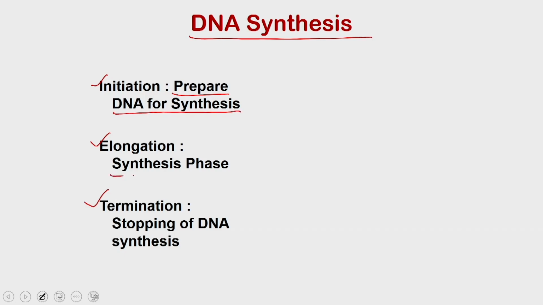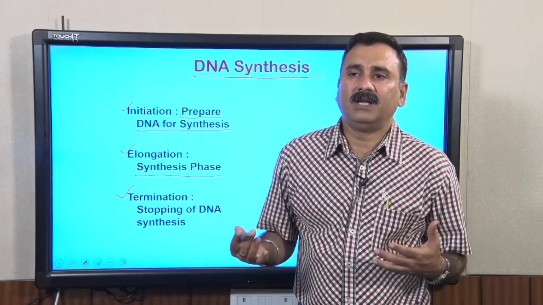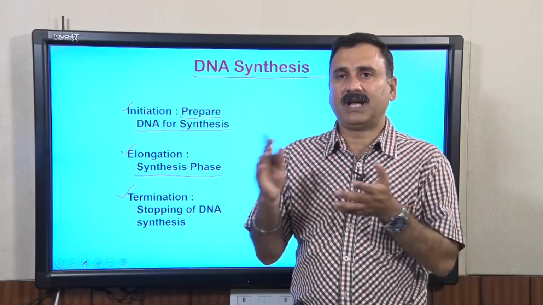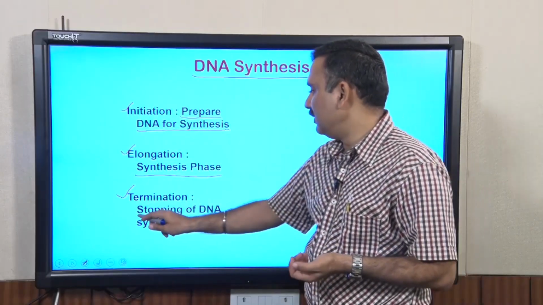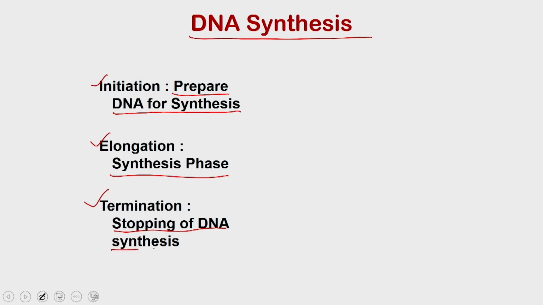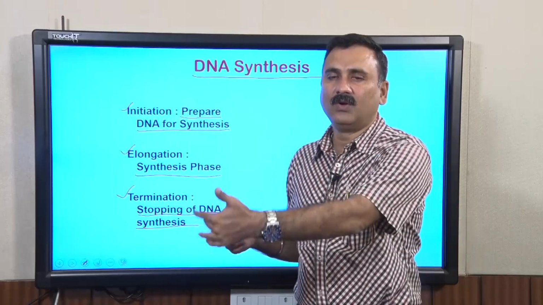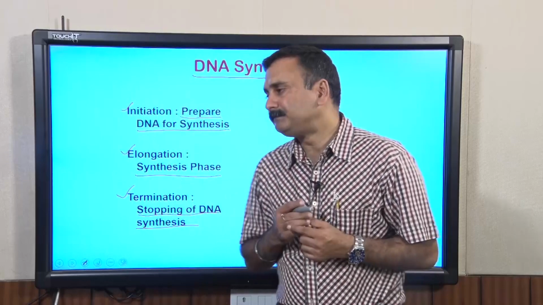In the elongation step you are using an enzyme which synthesizes the DNA with the help of nucleotides being attached onto the primer, and the termination stops the DNA synthesis, which happens when the machinery reaches the end of the template strands.